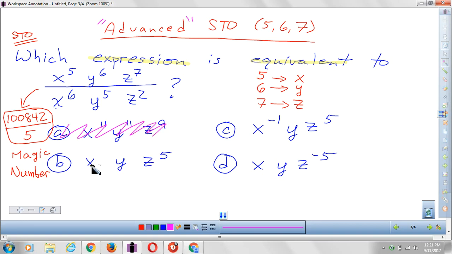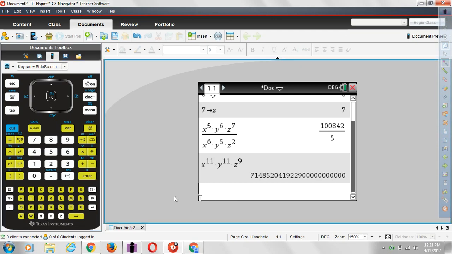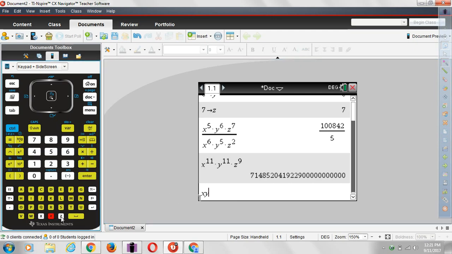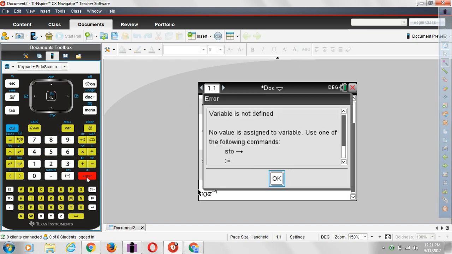Okay, let's go down to B. X, y, z to the 5th. Let's get back in there. There we go. X, y, z to the 5th. And now I see that my letters are not bolded, guys. And again, if you press enter when they're not bolded, you're going to see this error.